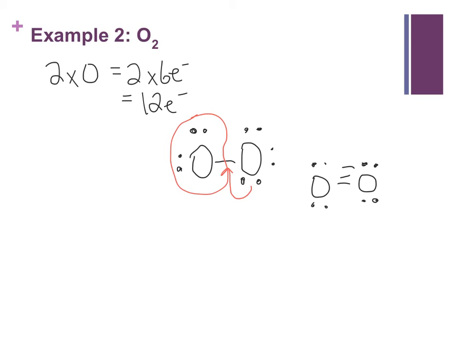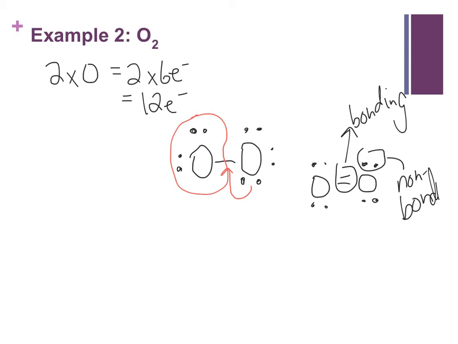We would say that the ones involved in the bond are bonding, because obviously they're forming a bond. And the other ones are non-bonding, or also known as lone pairs.